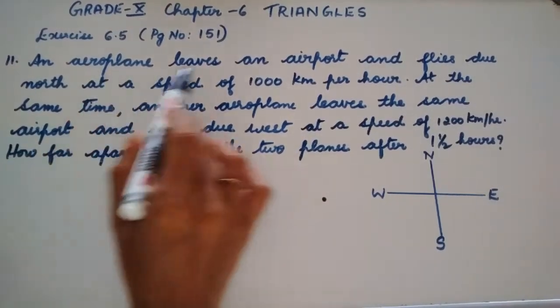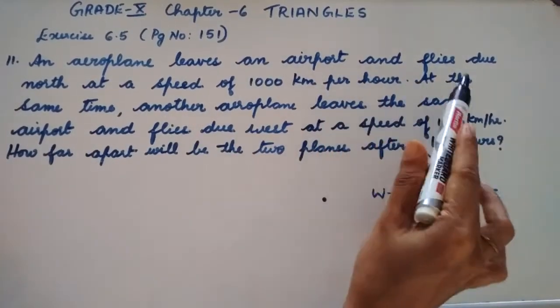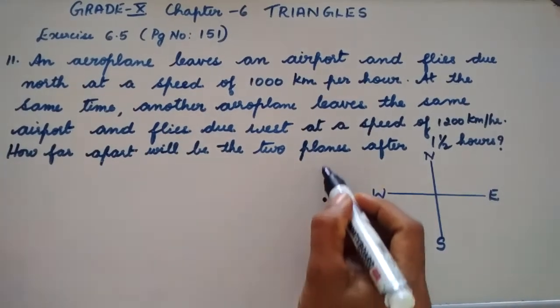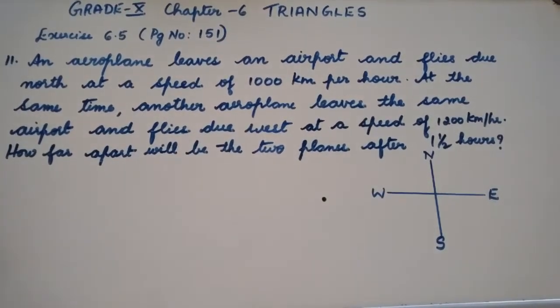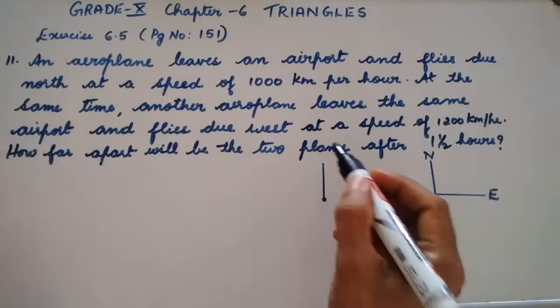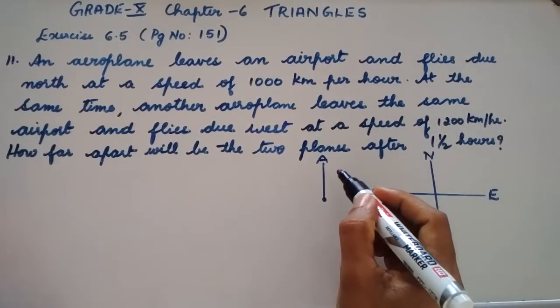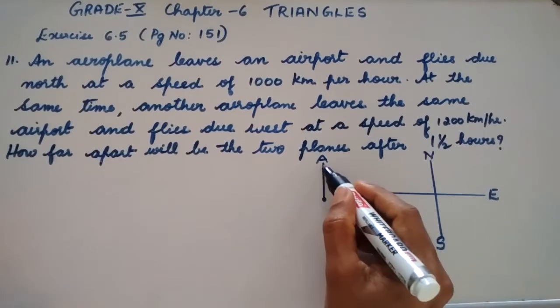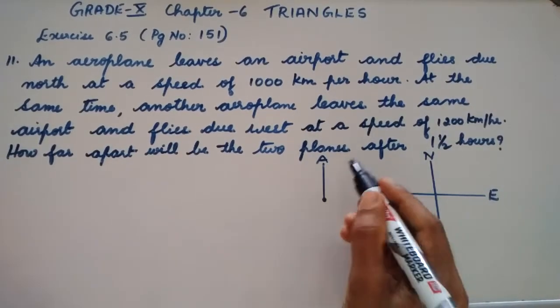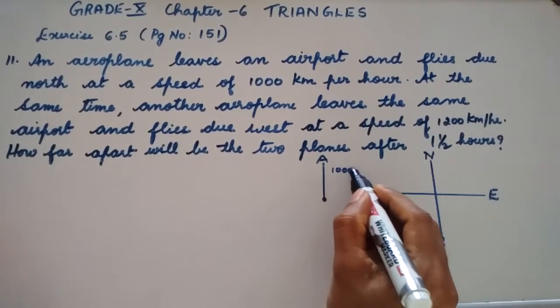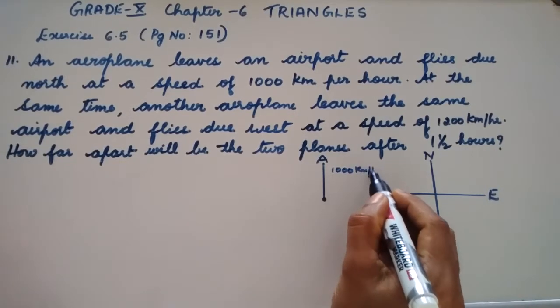First aeroplane leaves an airport and flies due north. So let this point be A, and it flies due north at the speed of 1000 km per hour.